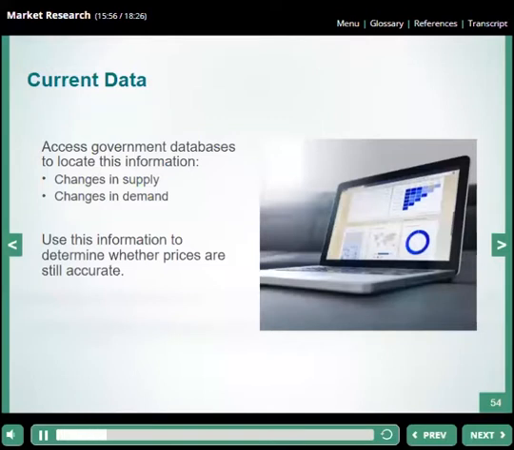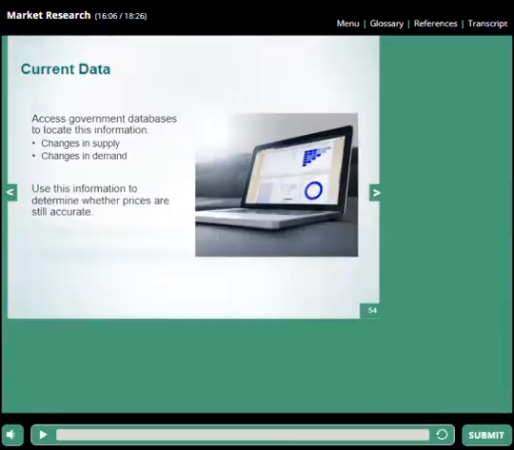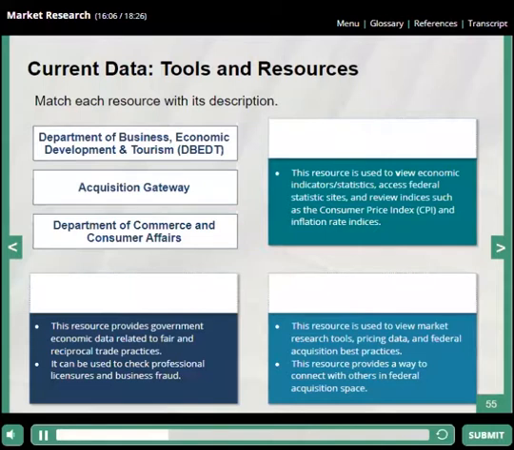To locate current market trends on pricing information, start by accessing government databases. Search for information about the changes in supply and demand to determine whether prices are still accurate. Now, see if you can match each tool or resource used to collect current data with its description.